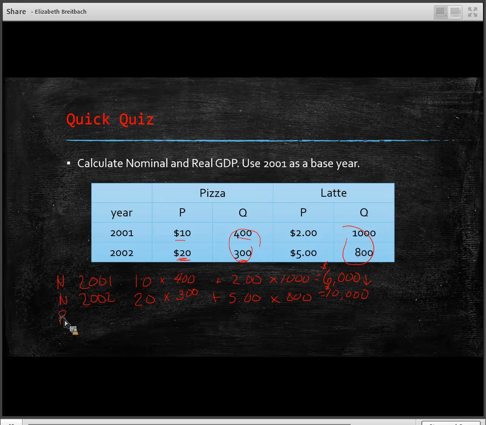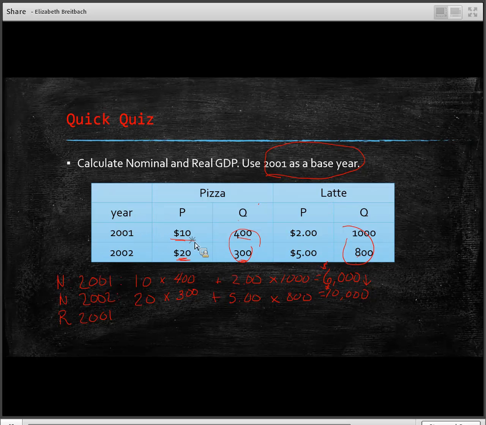So let's see what happens with real GDP. With real GDP, we have to use 2001 as a base year. That's a very important piece, and I'm going to have to tell you that anytime you have to calculate real GDP.